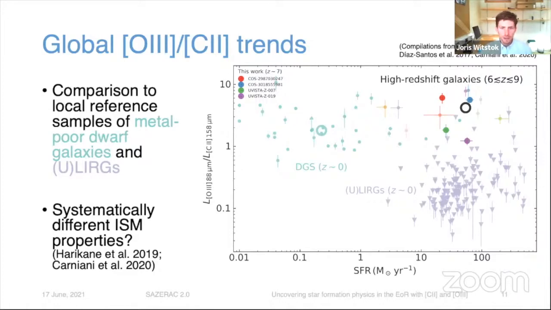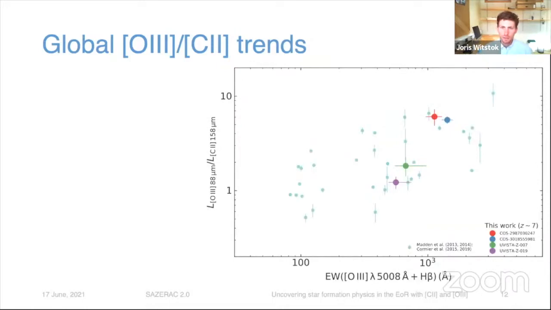One thing we found is if you look at the same ratio, but now as a function of the equivalent width in the optical, of oxygen 3 and H beta, we see this general trend both in the dwarf galaxy sample as well as our high redshift sources. Even if you just take this subsample of dwarfs at higher equivalent widths, there doesn't seem to be any obvious difference.